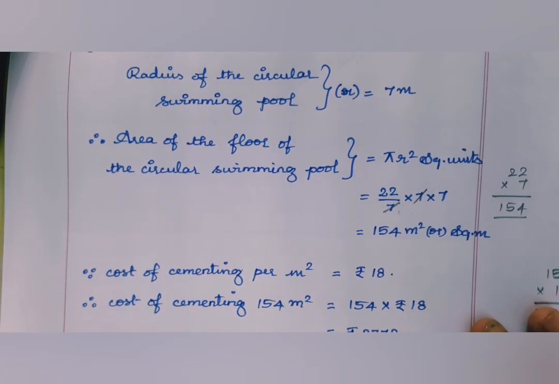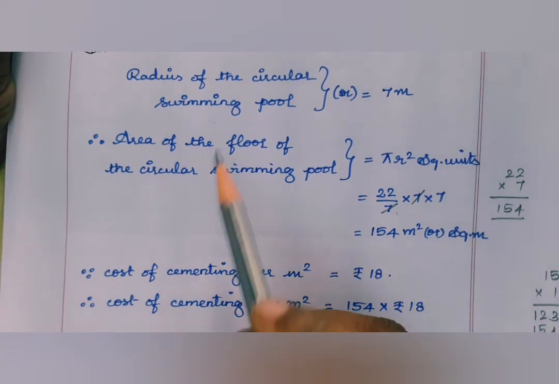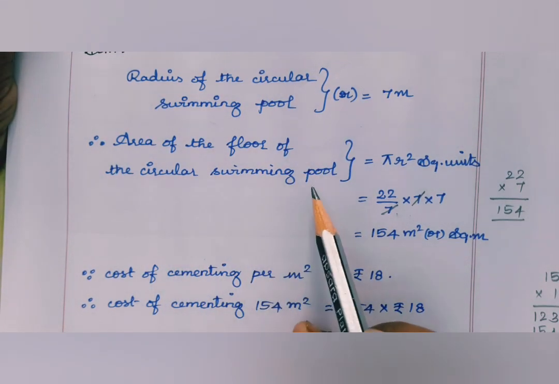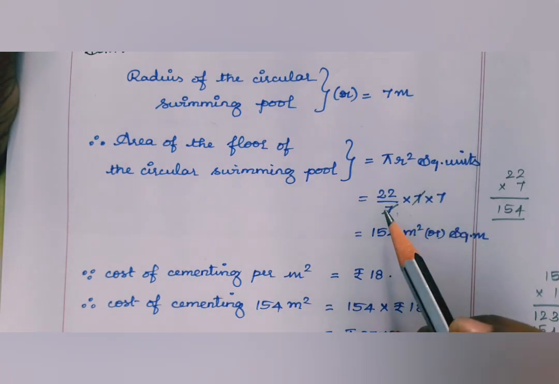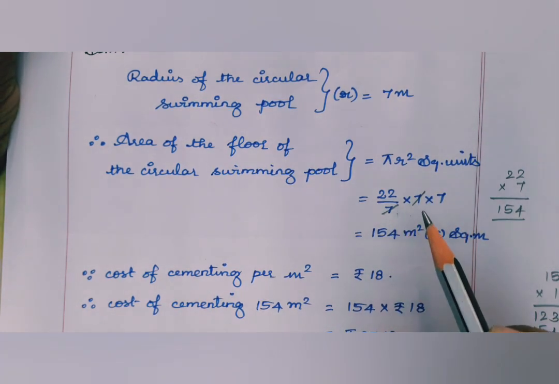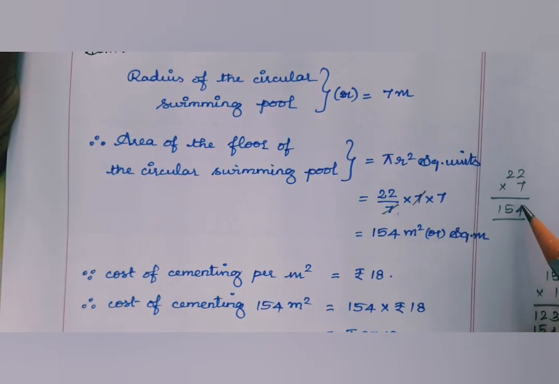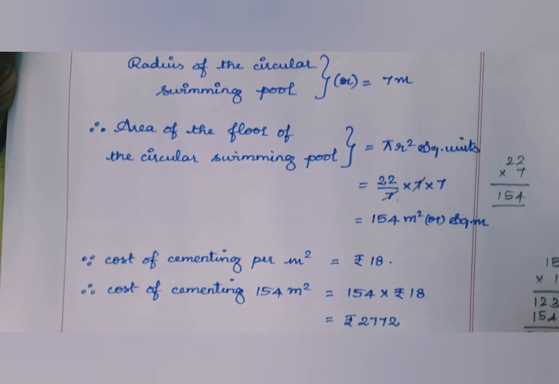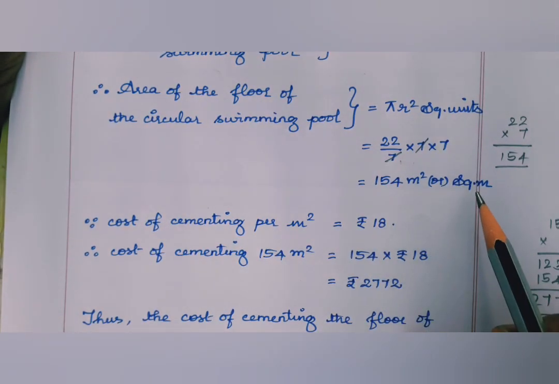Therefore area of the floor of the circular swimming pool is equal to pi r square units, which is equal to 22 by 7 into 7 into 7. 7 gets cancelled. 22 into 7 is equal to 154. Therefore it is equal to 154 meter square or square meter.